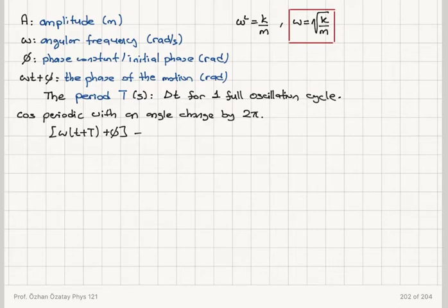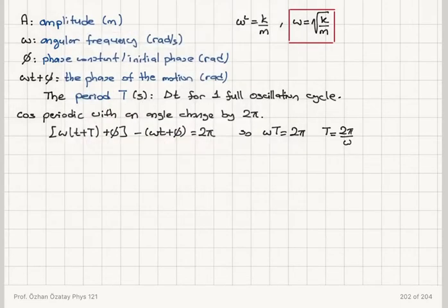So if I look at the phase of the motion at a time t plus a period and compare it with the phase of the motion at time t, if the difference is equal to 2 pi, then I will have introduced an angle change of 2 pi to the cosine function.